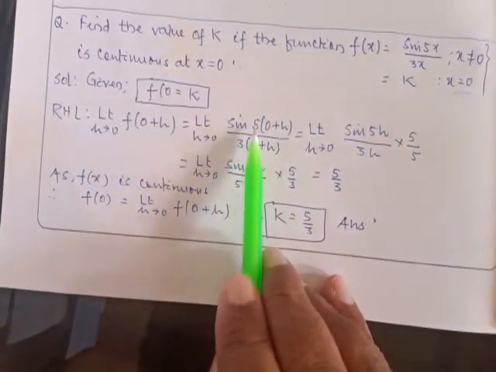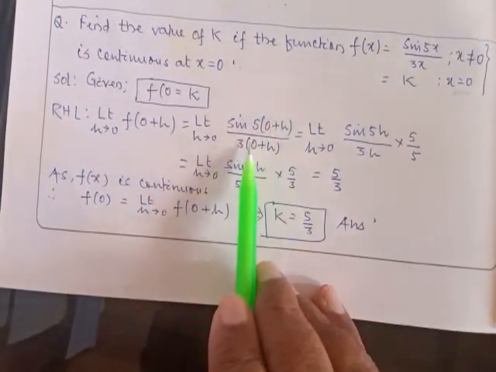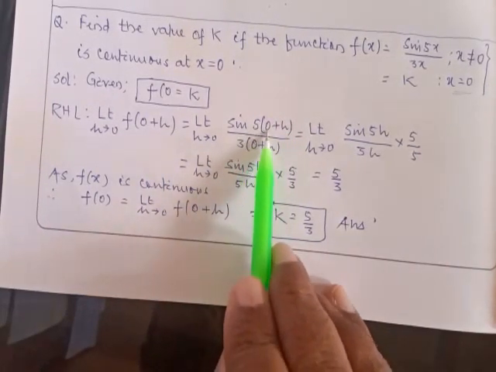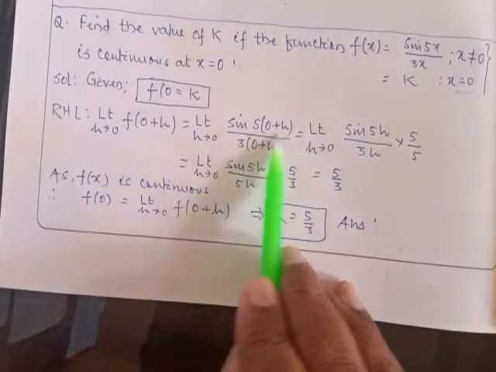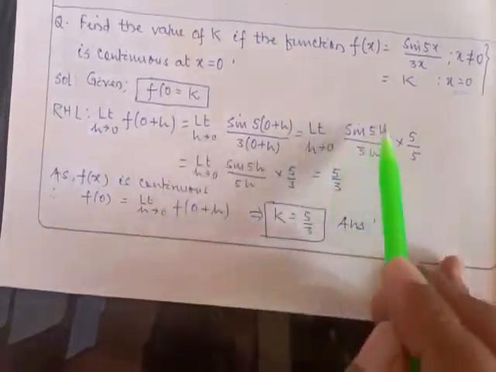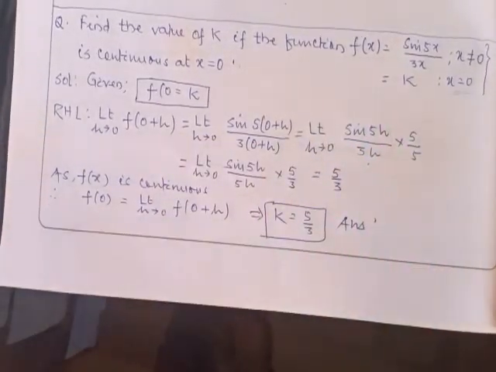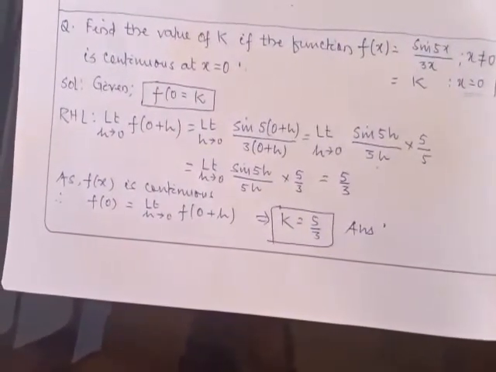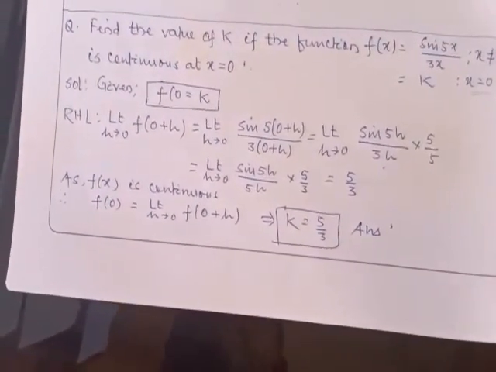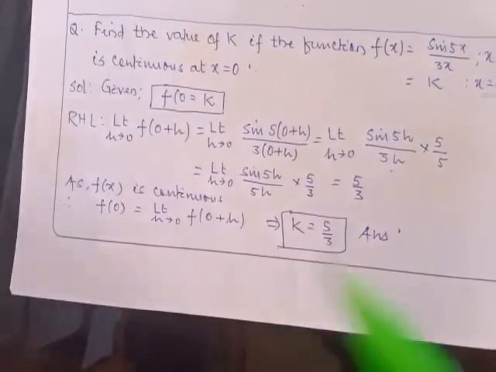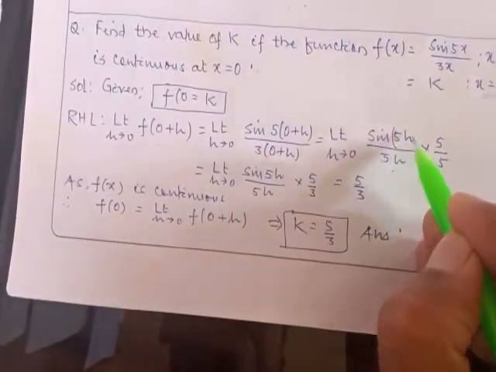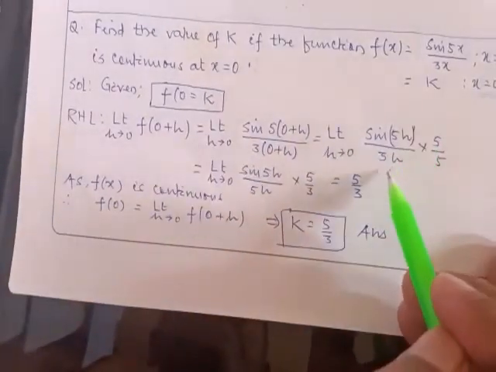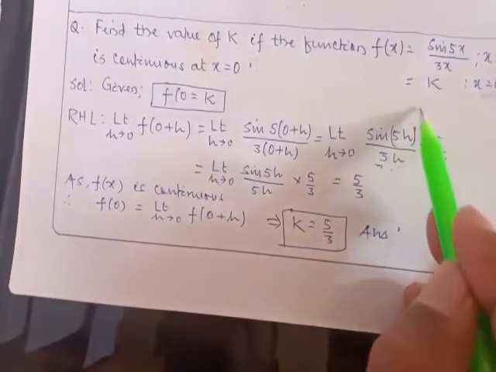So 5 into 0 plus h becomes 5h upon 3h. But you know the formula: limit theta tends to 0 of sin theta by theta equals 1. Here you have sin theta where theta is 5h, so the denominator should also be 5h so that it becomes 1. But here it is 3h, so rationalize the term by 5.